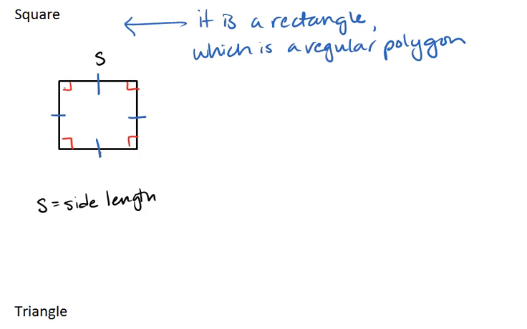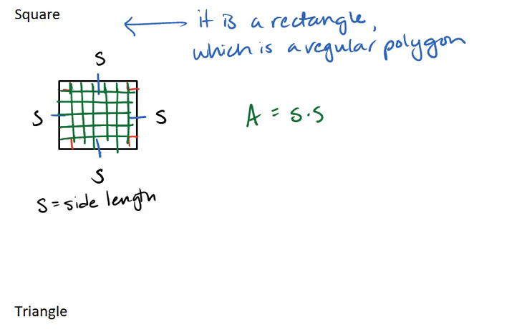Again, we can imagine if we have a row that has S many squares, since a square has all sides congruent, it will have S many of these rows, meaning the number of boxes we have is S times S, or S squared.